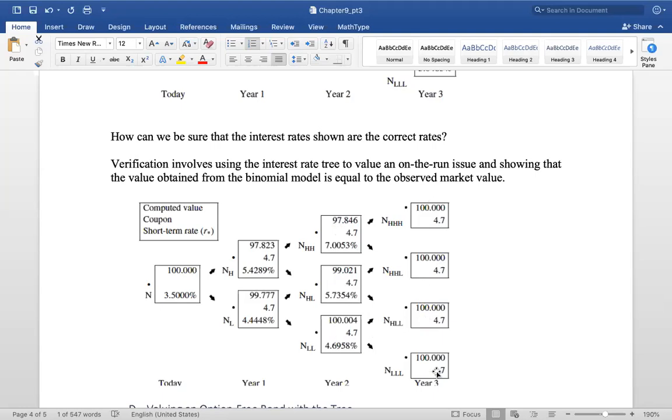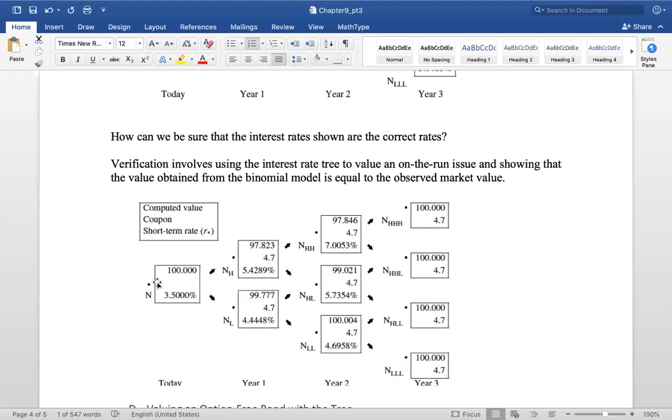So we discount these back at these interest rates, and we obtain this value by taking the average of these two values. So this value is the present value of these two divided by 2. And so on.